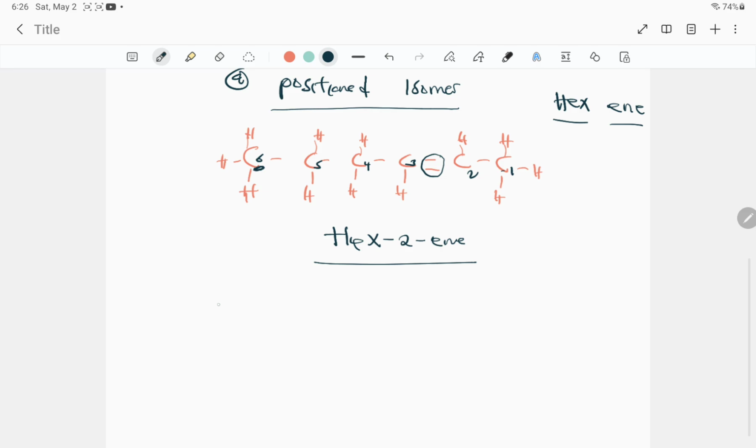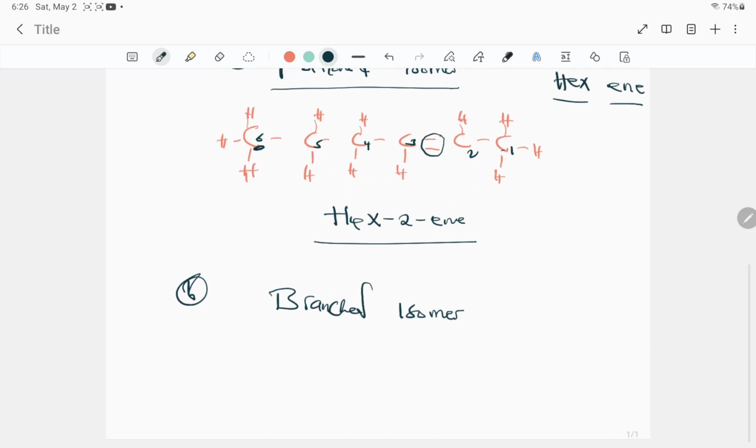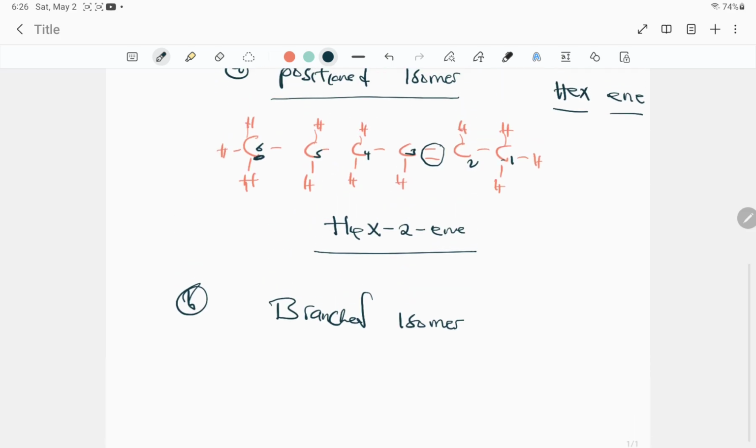Then B, we will look at a branched isomer. A branched isomer will follow the same one which we have. Now I'm just going to give it a branch. So I will say 1, 2, 3, 4, 5.